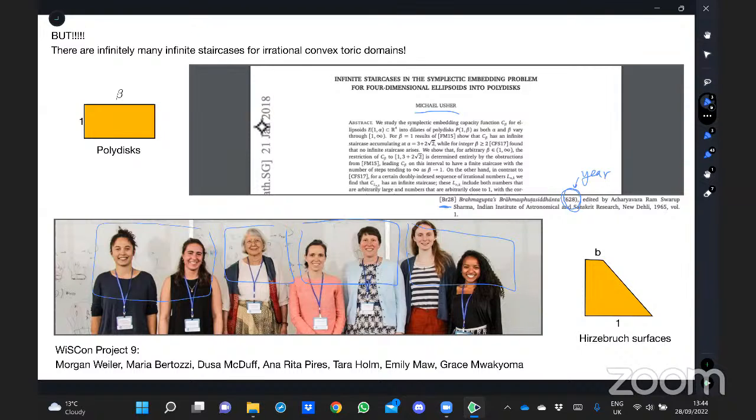So our project that Tara and I suggested was to try to find infinite staircases, but instead of for polydisks, for Hirzebruch surfaces, which are, if you're an algebraic geometer, one point blow-ups of CP2, where the parameter b tells you how big that blow-up is.